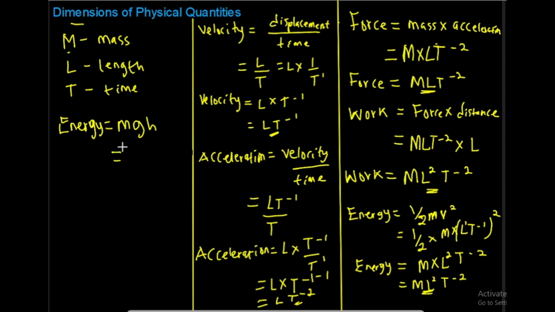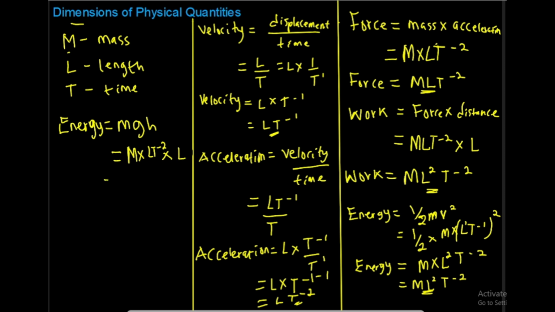The dimension for mass we already know is capital letter M. Acceleration due to gravity is a form of acceleration also, so we use the same dimension for acceleration, which is LT minus 2, times height. Height is a form of length, so we use L.